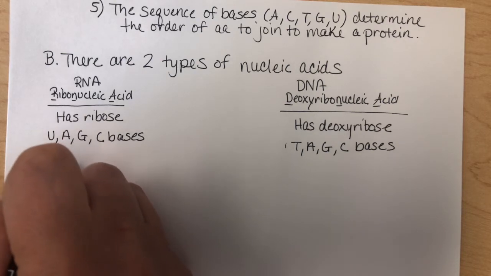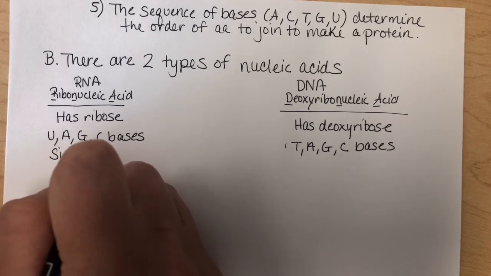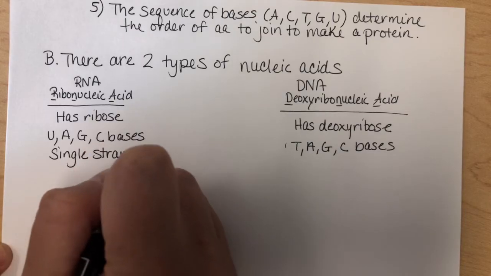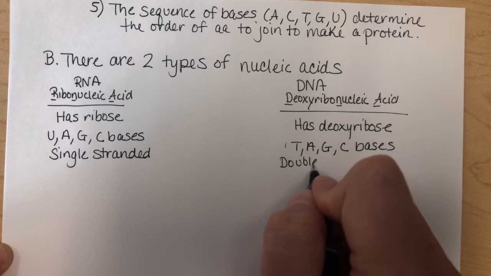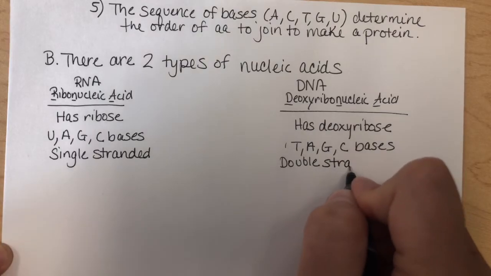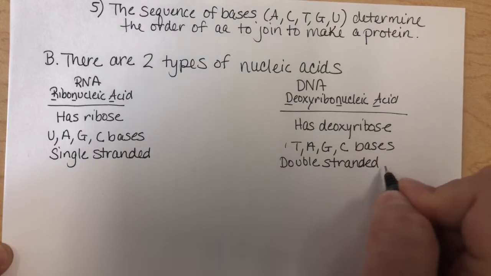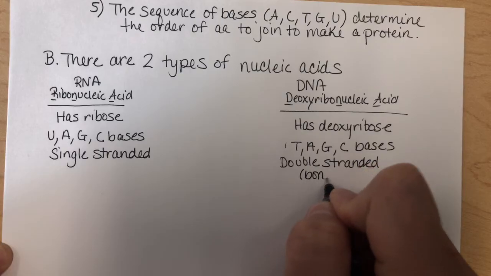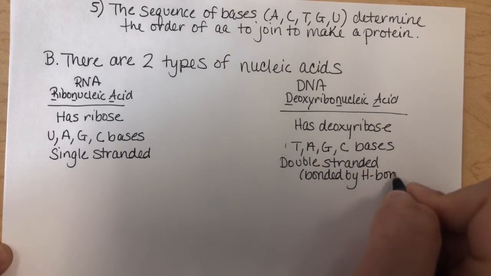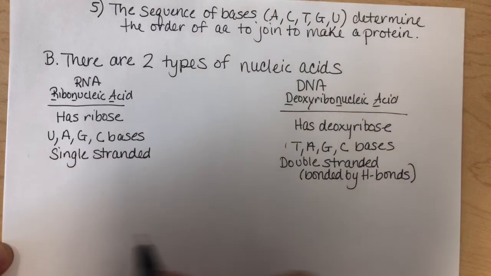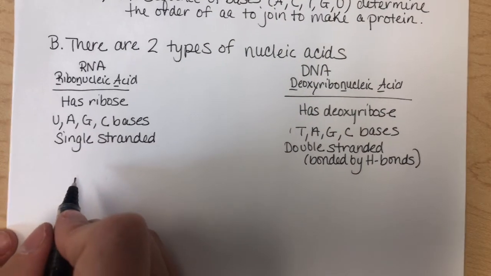RNA, the finished product, is single-stranded. And DNA, as we drew, is double-stranded, bonded by hydrogen bonds. So let's go ahead and just draw it just to compare here.